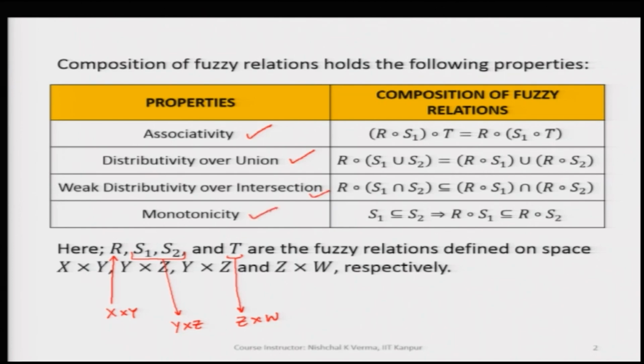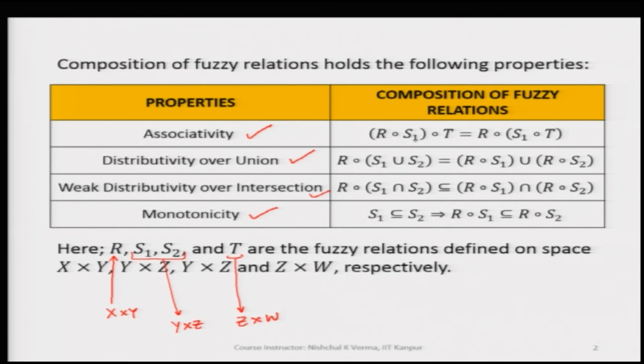All these properties are defined here in this column, where we have the composition of R and S1. When we say composition, this composition can be either max-min or max-product.